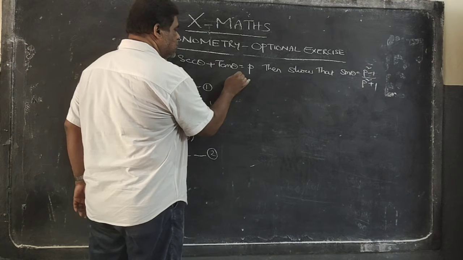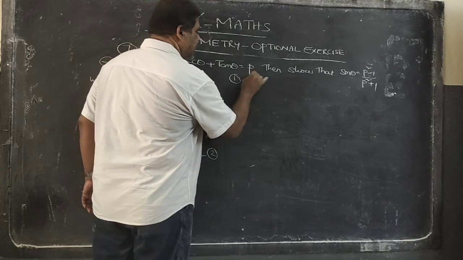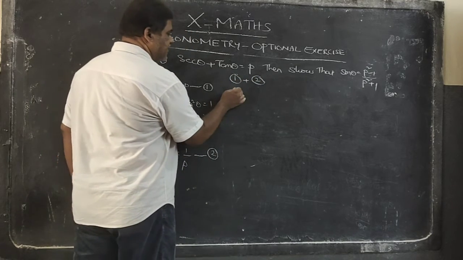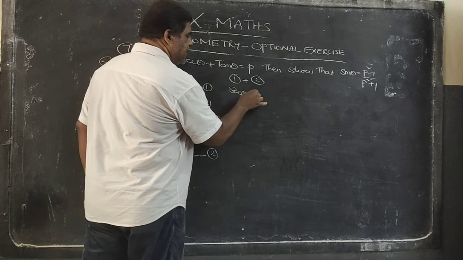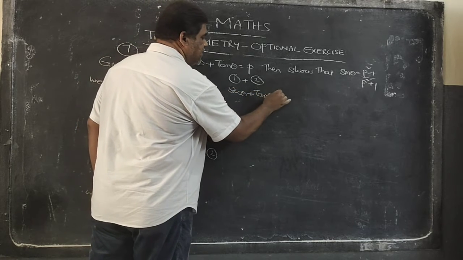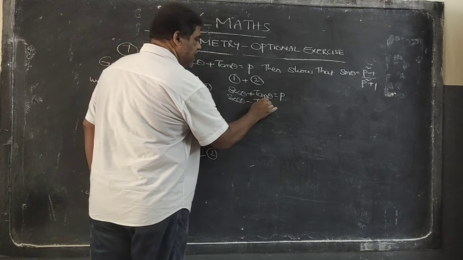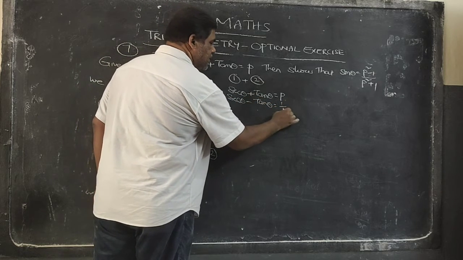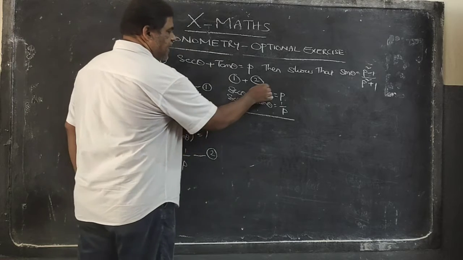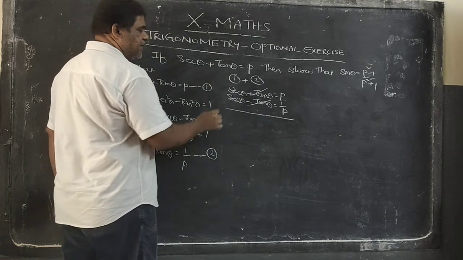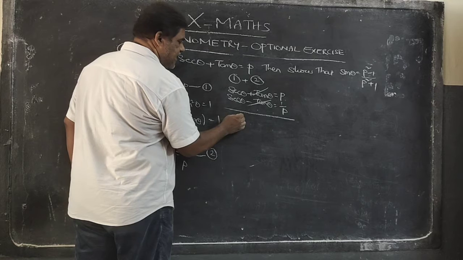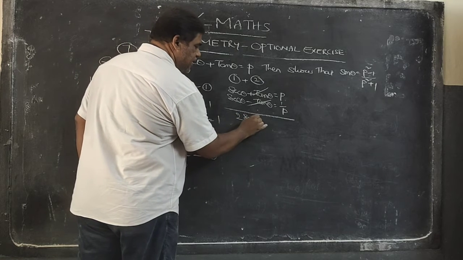Now add these two. Let us add the first equation and the second equation. First equation is secant θ plus tan θ is P. Second equation is secant θ minus tan θ is 1 by P. Let us add them. Tan θ minus tan θ will get cancelled. Secant θ, if you add, it is 2 secant θ.